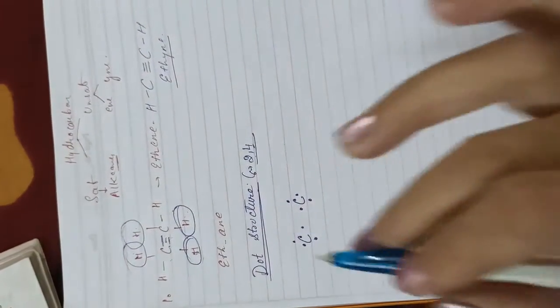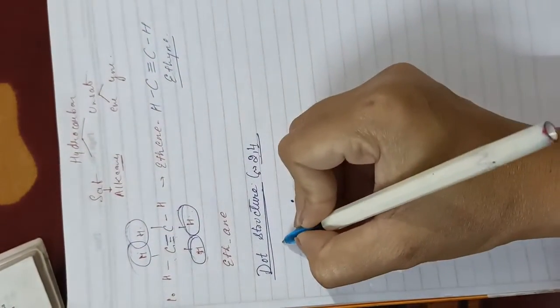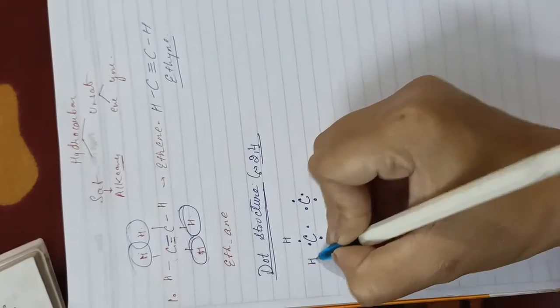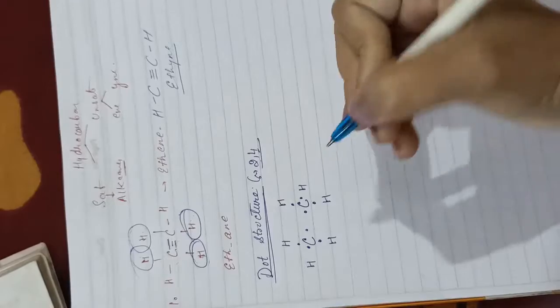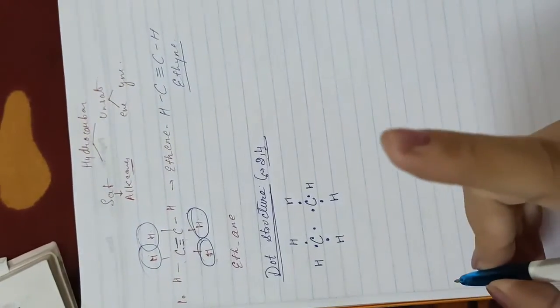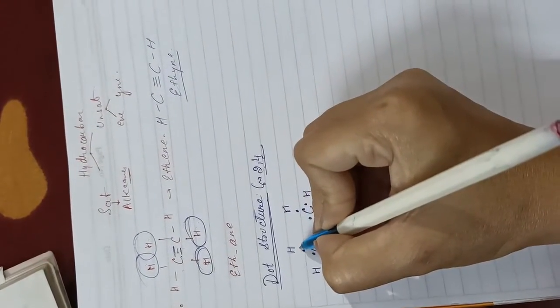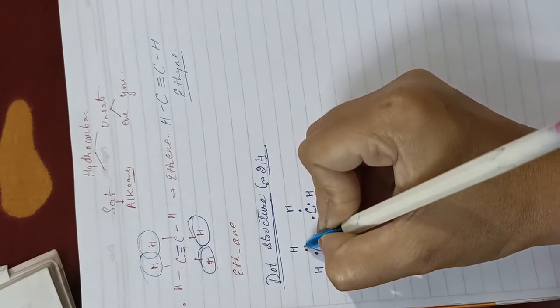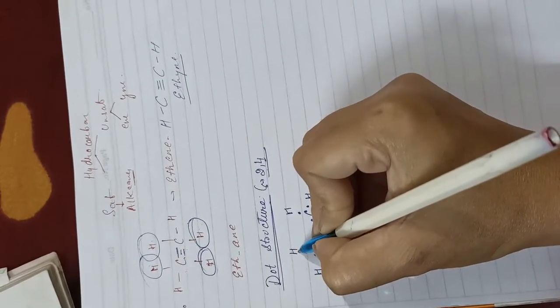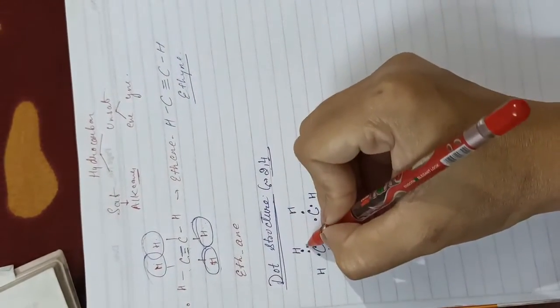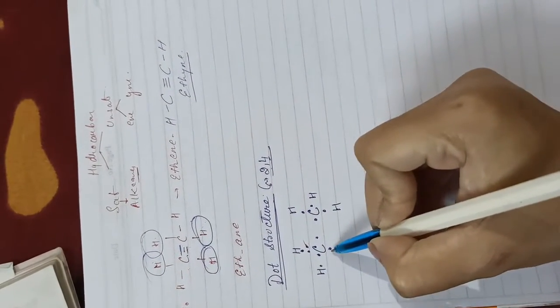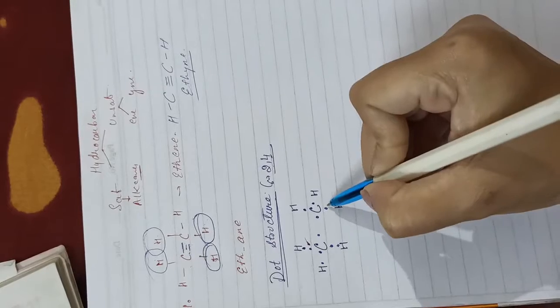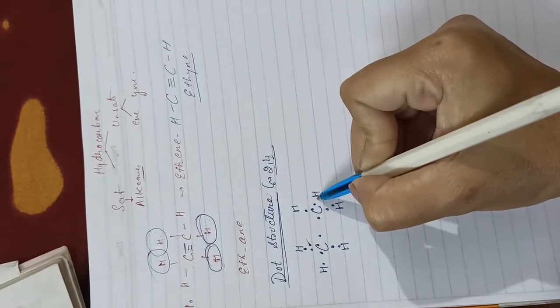Now hydrogen is also placed on this carbon, on this side, here and here. Hydrogen atomic number is 1, so one dot for each hydrogen. Hydrogen on this side, hydrogen here, this one bond, this one dot.